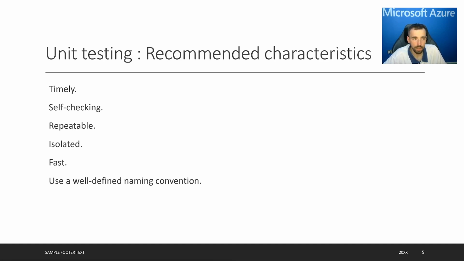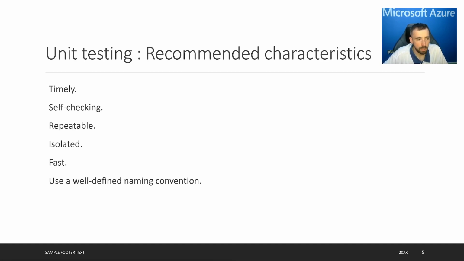And that leads us on to the next one, which is fast. As I mentioned, because of the many thousands of unit tests that we could potentially have, we need the unit test to complete quickly and get a result fast, so we're not hanging up the next stages of the deployment and work towards production.